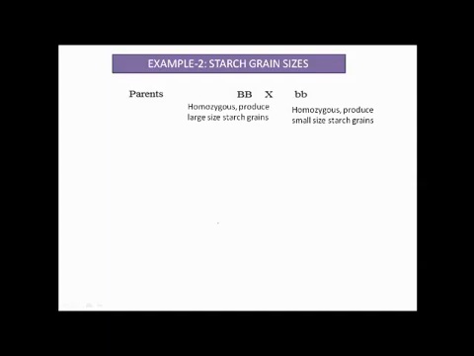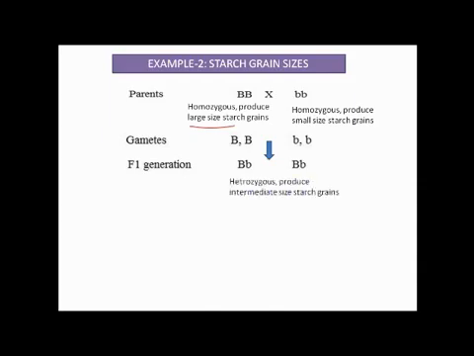So what do you think it should be according to Mendel's law? Because it is dominant, it should be large size starch grain. But we can see the result as BB and Bb, but there was an intermediate size grain produced by the plant. So this intermediate is a new combination of the large and the small.